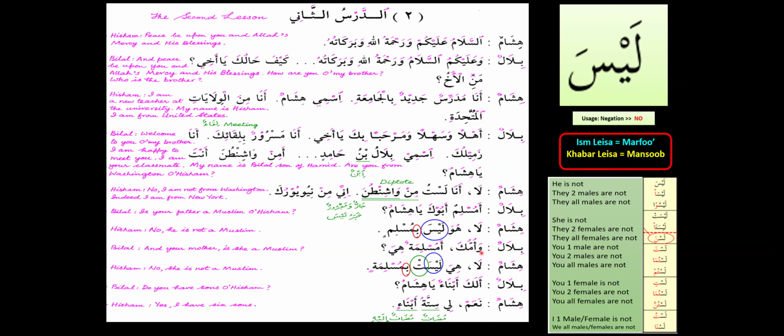And then Bilal is saying, wa ummuka, and your mother, a muslimatun? Is she a Muslima? So Hisham is saying, la hiya laysat bi muslimatin. No, she is not a Muslima. So laysa is our fail naqis. This ta is just telling us that this is ta'u tanis.